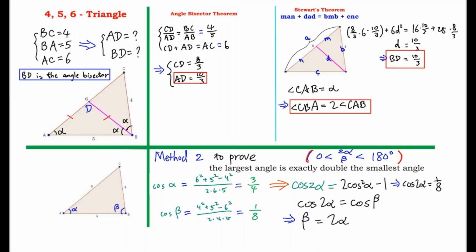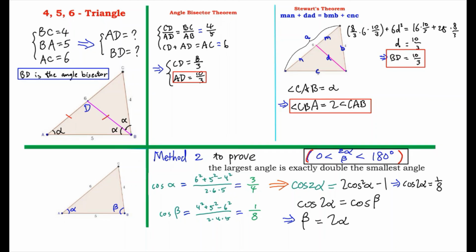You might be asking, can't beta equal negative 2 alpha? Well, no, because 2 alpha and beta are both more than 0 and less than 180, because it's in a triangle, so it's impossible for it to be negative. So that's why beta equals 2 alpha.